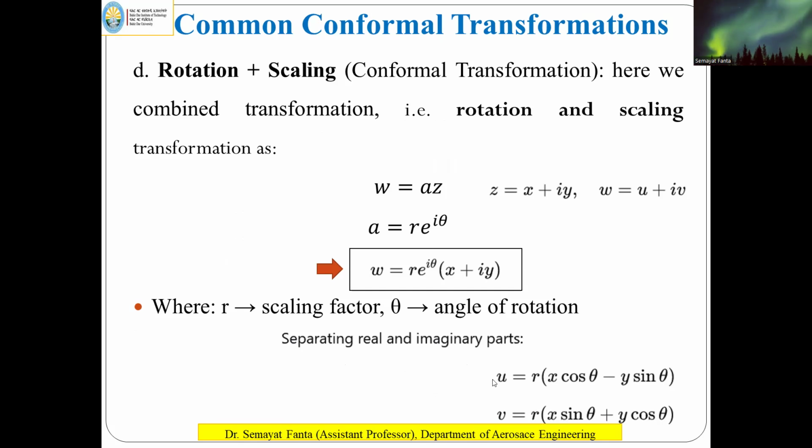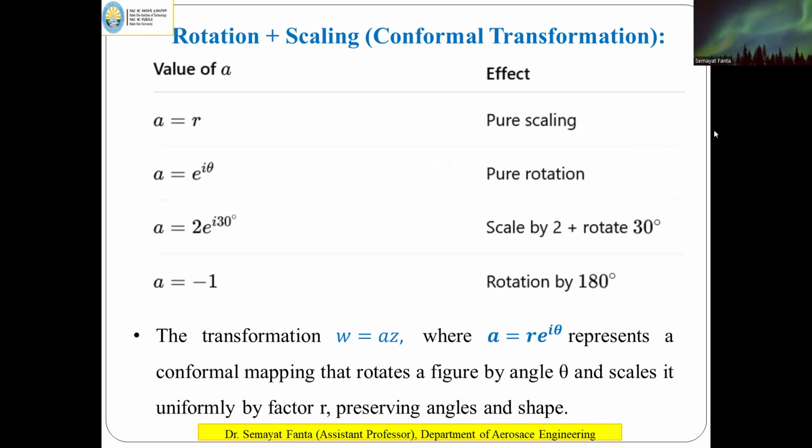From that, we can get u equals r times x cos theta minus y sin theta, and the imaginary part v equals r times x sin theta plus y cos theta. So that is rotating and scaling. When a equals r, it is pure scaling.